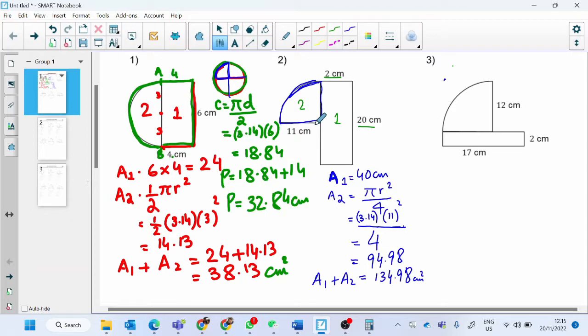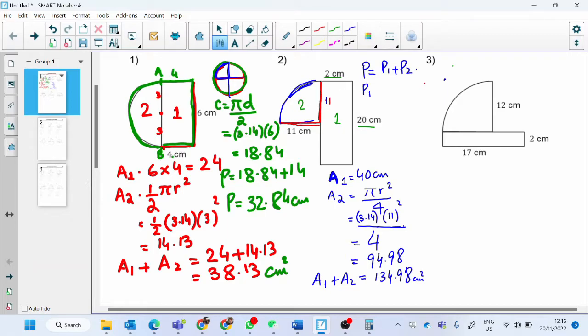So now we have to find the perimeter of this composite shape, and the perimeter will be P1 plus P2, and we have to find in the same way P1, the perimeter of this one. If you see, this is a radius. So if the radius is 11 here, the radius will be the same on all sides in a circle.